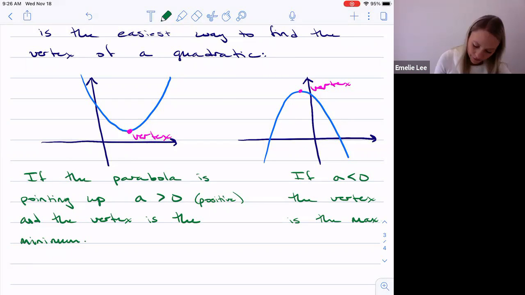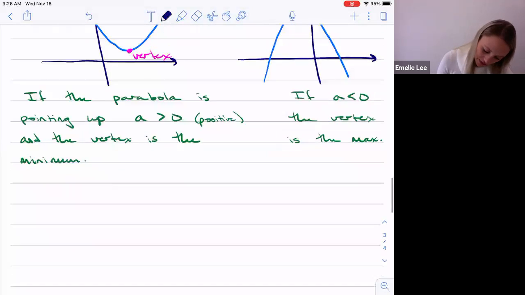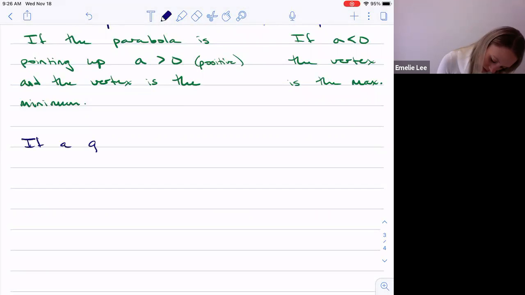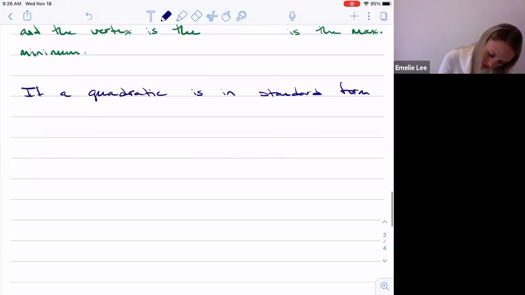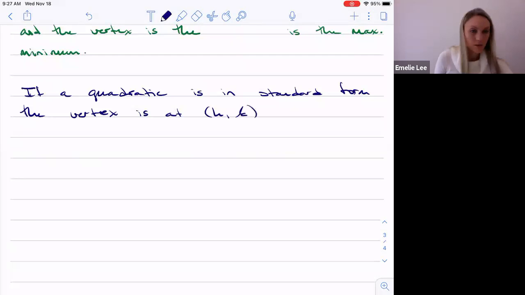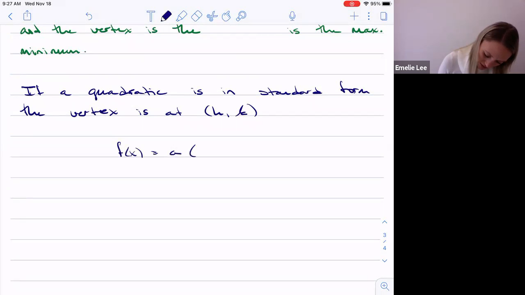So if a quadratic is in standard form, the vertex is at (h, k). f of x is a times (x minus h) squared plus k.